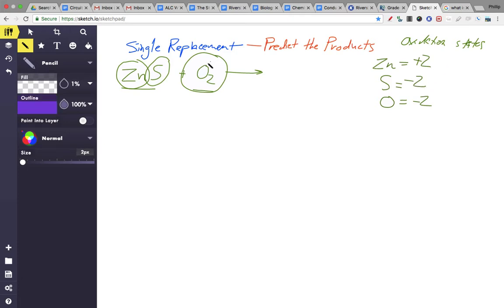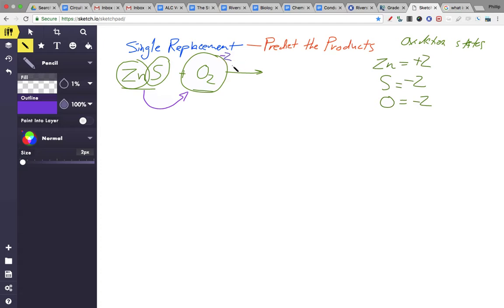We know in a single replacement that part of a combined compound is going to split and recombine with a single element that comes in. So we're either expecting the zinc or the sulfur to recombine with that oxygen. It's like swapping a partner on a dance floor. Somebody will step out and the other two will form a new couple. Looking to our oxidation states, oxygen is a -2.